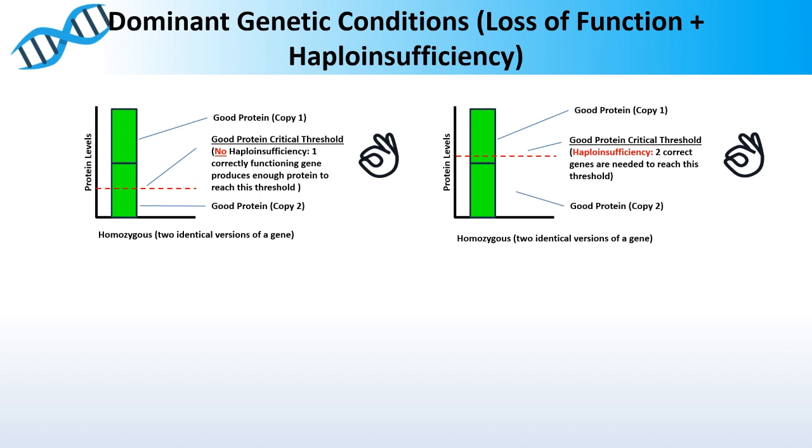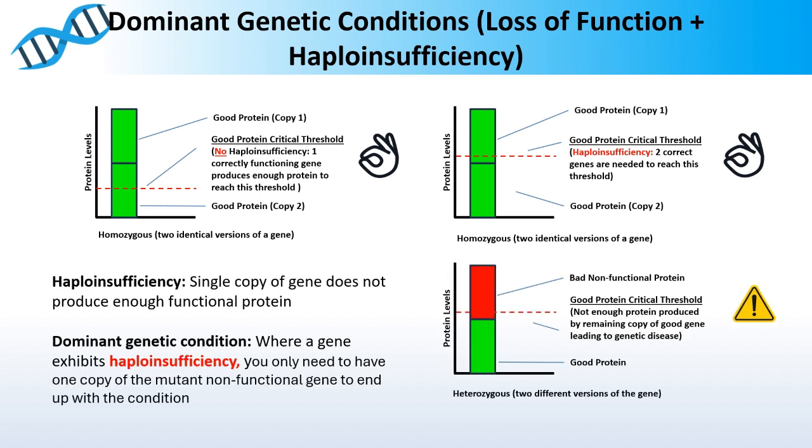So sometimes one functioning copy of a gene is more than sufficient to ensure that there's enough of a particular protein being produced in cells. But for other proteins, both copies of the gene need to be present and functional in order to ensure that there's enough protein being produced. So if one of them becomes non-functional due to a loss of function mutation, the remaining copy isn't sufficient to produce enough functional protein.